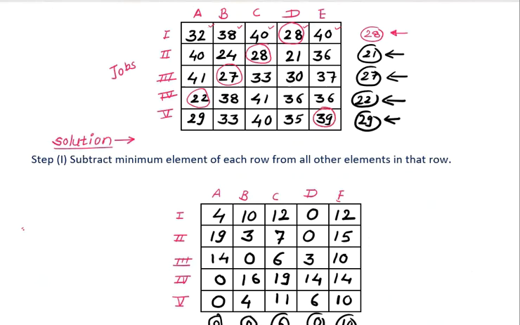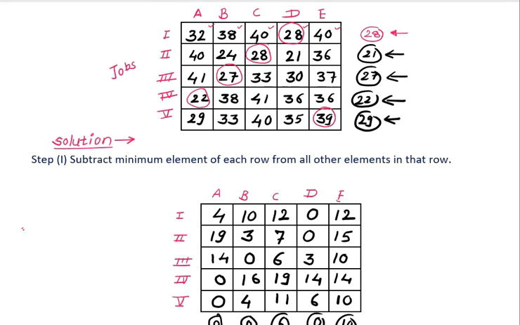So these are the smallest. We have to add all these costs and we will get the smallest cost of performing all 5 jobs on the given 5 machines.